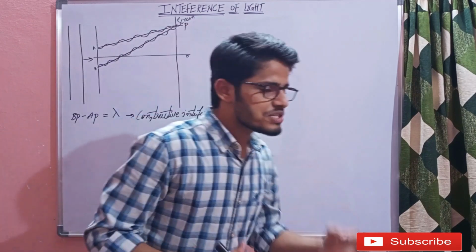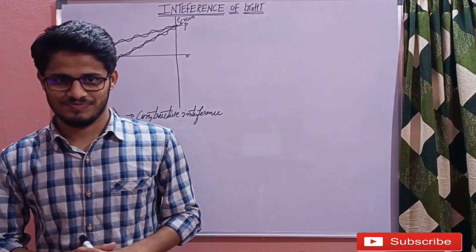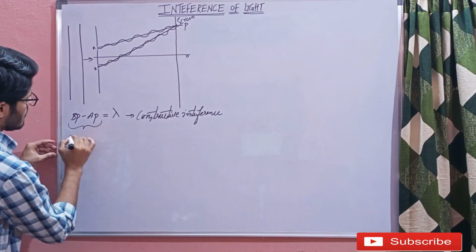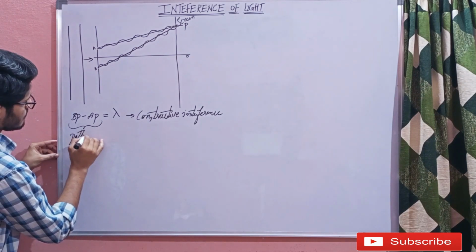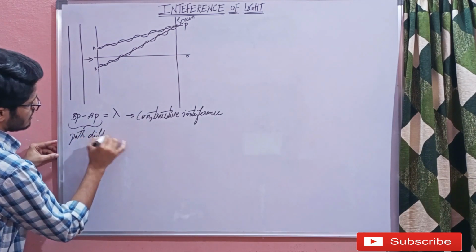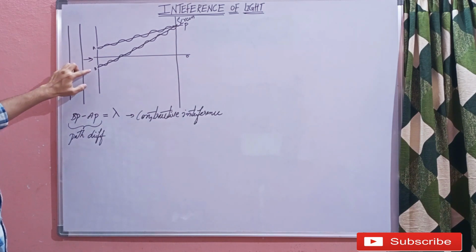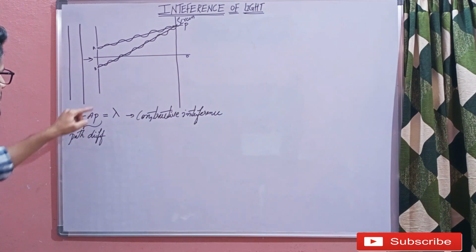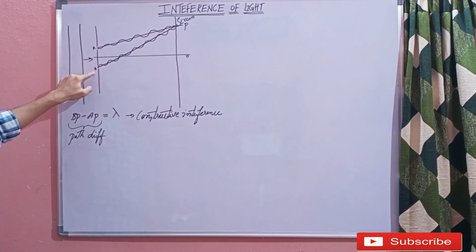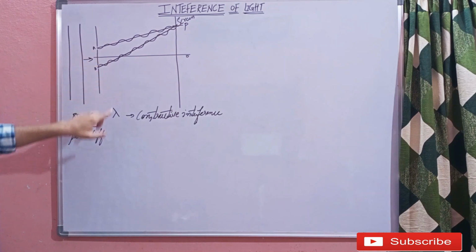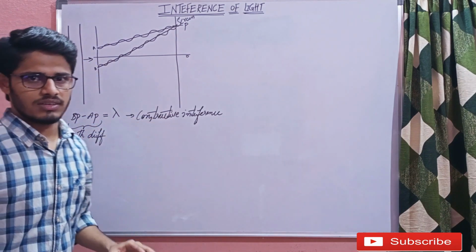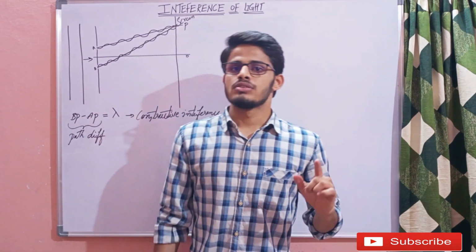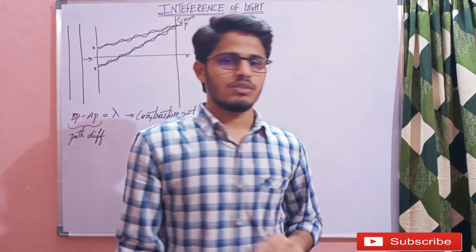On which basis am I stating that? I'll explain. This here is the path difference between this wave and this one. When the path difference between the rays BP and AP is lambda, we get constructive interference. To explain that, we have to use the principle of superposition.